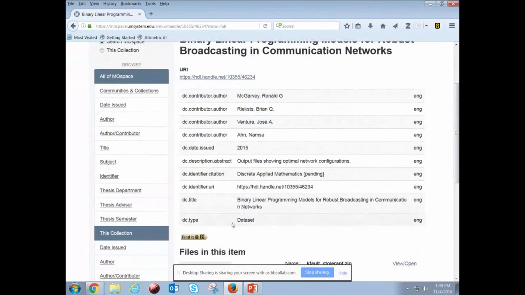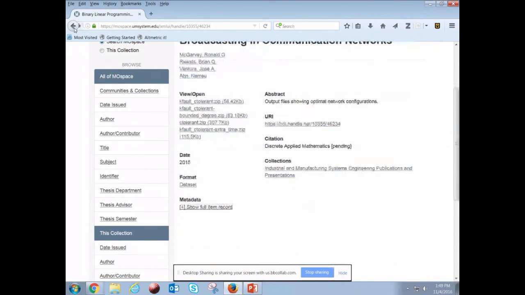And on here, and Chris was talking about this a little bit earlier, there are some metadata conventions. One of the ones that we use is called Dublin Core, so that's DC. So here's a DC type of a data set itself, and these are output files showing optimal network configurations. Here is the handle that's never going to change, so you can always get back to that.